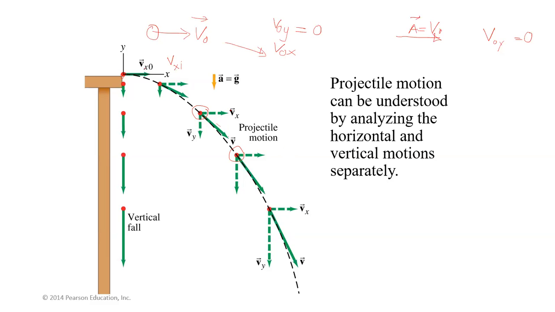Therefore, we can break this into x and y direction motion separately, because they are independent. So I break my velocities into x and y.